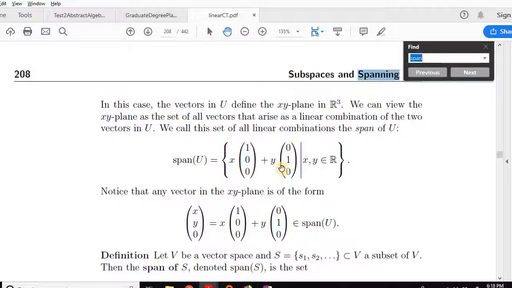If I've got these two vectors, the span is the set of all linear combinations of those two vectors. Geometrically, you think of one vector here, one here. You take all combinations, and it's going to give you the plane. So that's what you should think about span. If I give you a bunch of vectors, the span is whatever you can make from linear combinations.